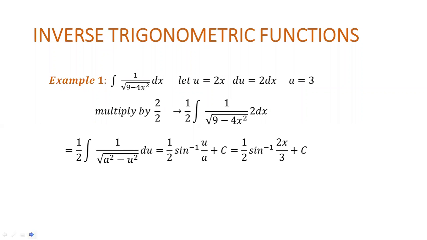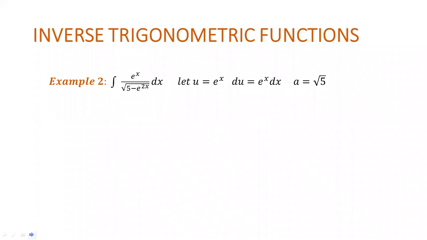Okay, we go to the next example. We're still talking about an integral yielding an inverse trigonometric function. So in this case, your u is e raised to x. This is your a squared and this is your u squared.